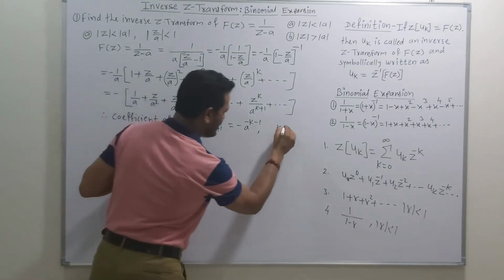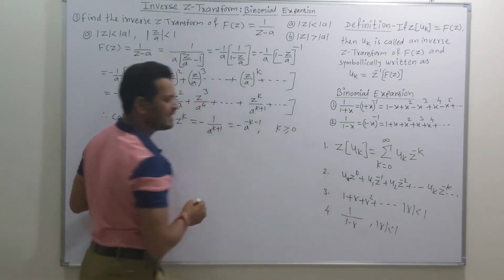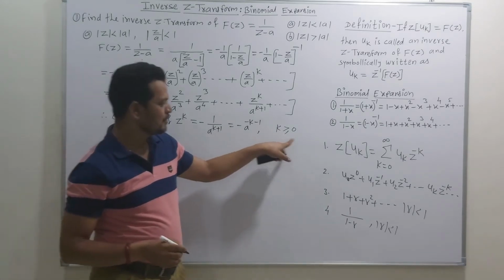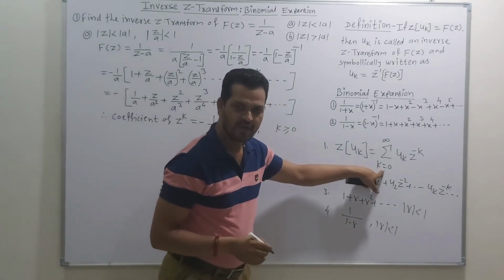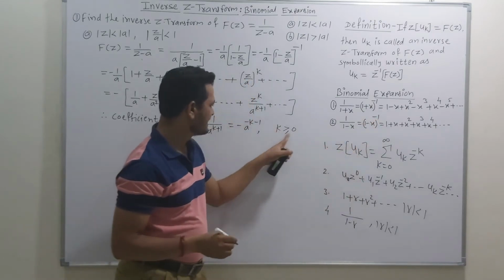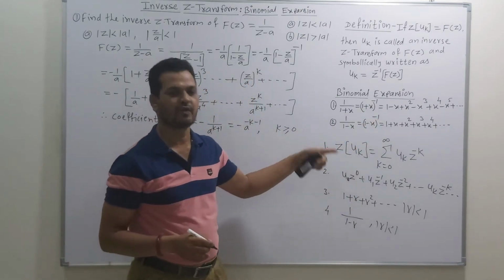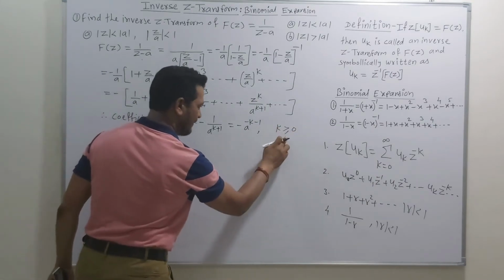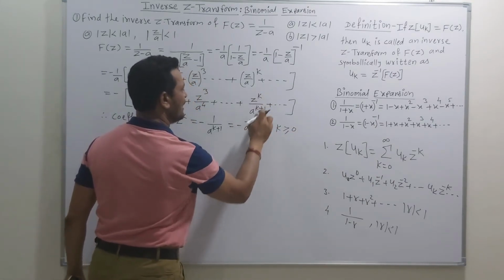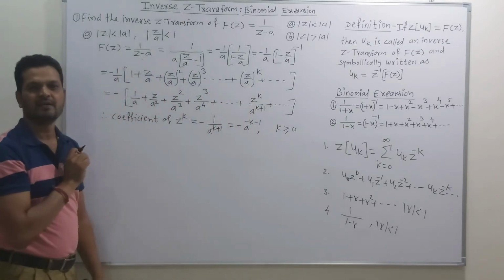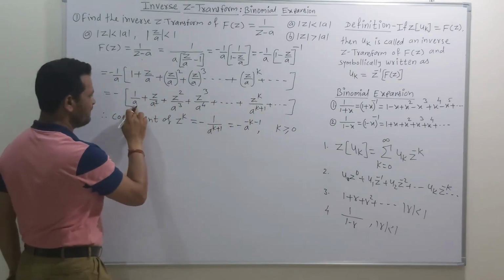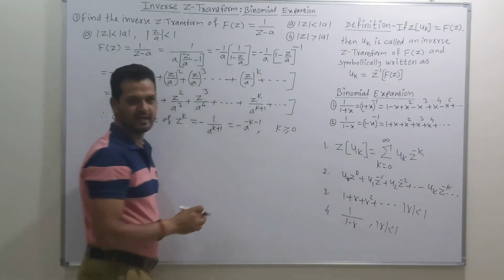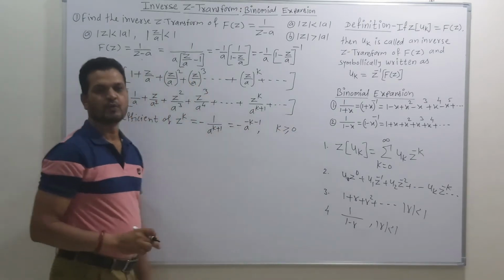So the condition on k is that k is greater than or equal to 0. The meaning behind it is that we are finding where the summation goes. K greater than or equal to 0 indicates that the summation goes from 0 to infinity. We find this k by putting a particular value in this kth term so that we get the first term. So k equal to 0, 1, 2, 3, 4 up to infinity. That's why k is greater than or equal to 0.